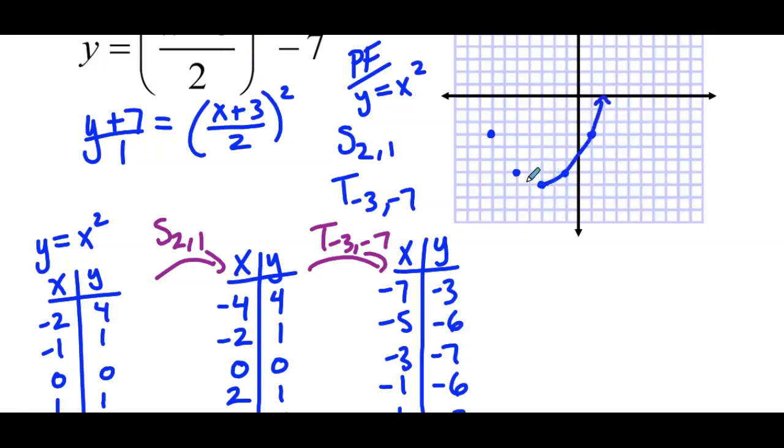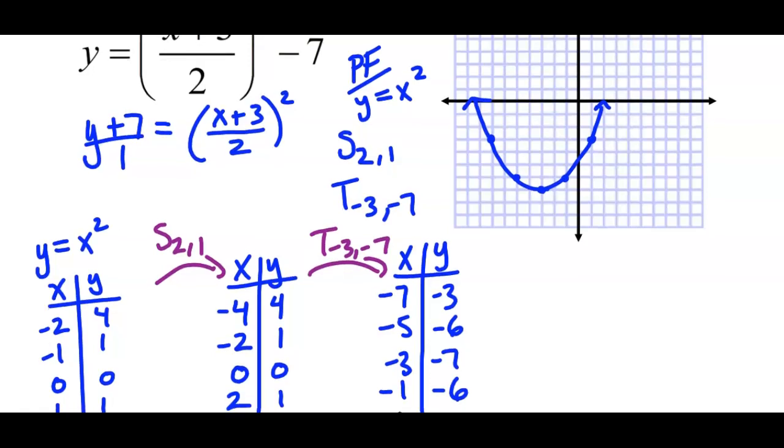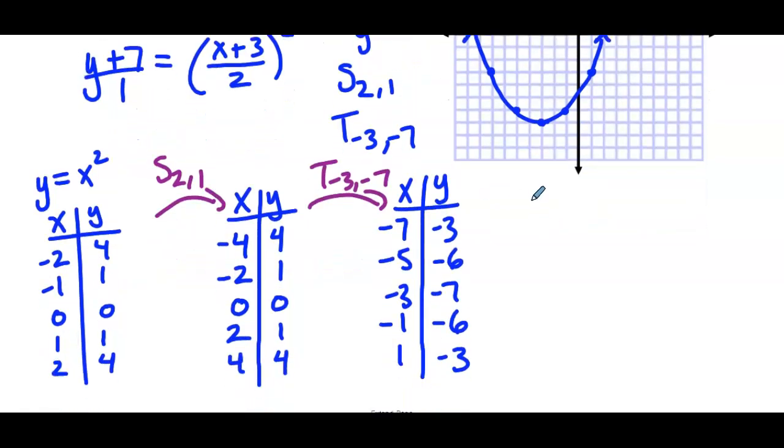So connecting our points, there we have the graph of our quadratic. So our domain is all reals, and our range, working from bottom to top, the lowest y value is negative 7, all the way to infinity.